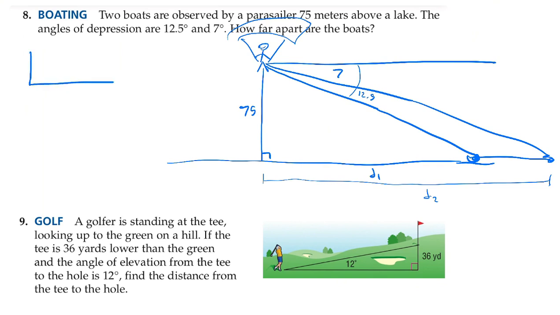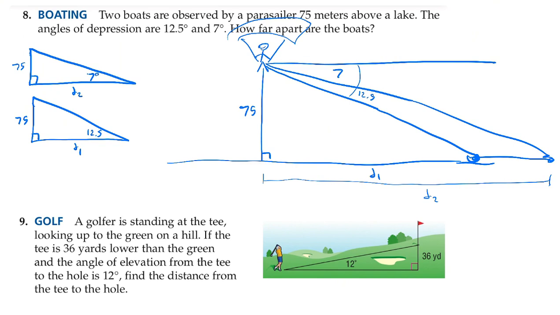We say, oh, well, this triangle here is 7 degrees. That's the further distance one, and 75 feet vertical. And then the closer distance one is 12.5 degrees and 75. And we're just looking for two totally separate distances, and then we're going to subtract.